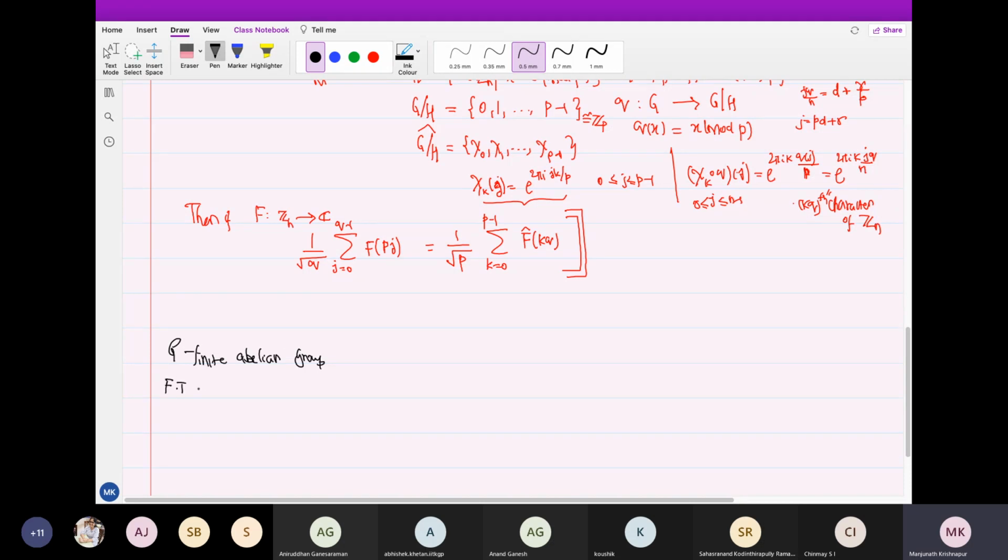Fourier transform is well defined for functions in L2 of G. We have defined that, and we have Plancherel. We have Fourier inversion, which is closely related to the duality that G hat hat is actually G. And now we have the Poisson summation.